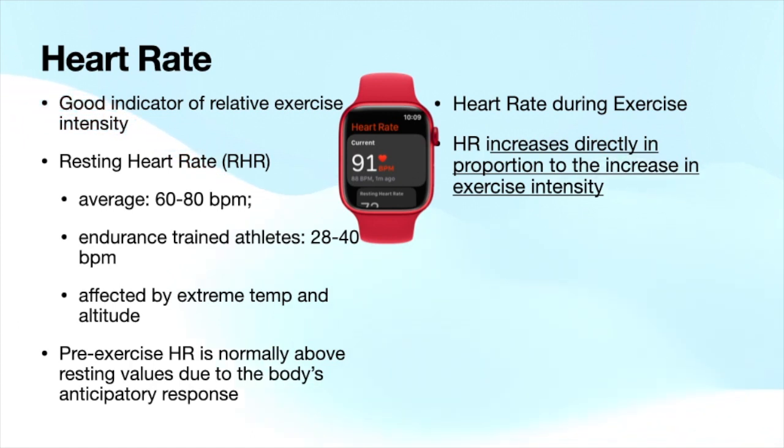So as our exercise intensity increases, our heart rate also increases. If, let's say, your intensity level is 60%, your heart rate also increases. So it's going to be more than your resting heart rate, right?